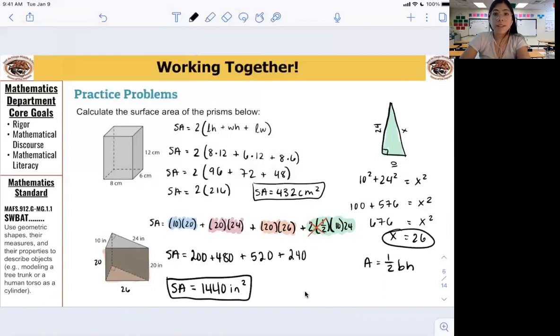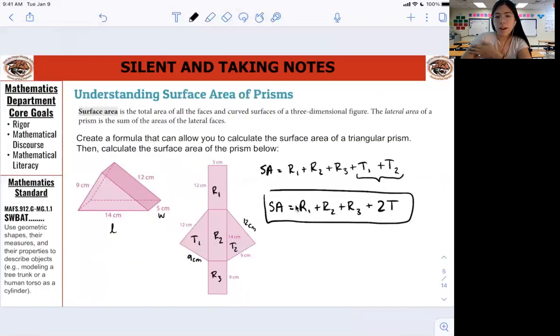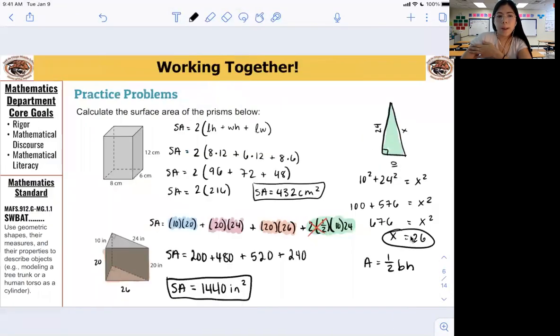That's the nice thing about surface area: you can memorize some of these formulas, but at the end of the day, the formulas are just telling you what you already know. They're telling you, add these things together and see what you get. The only thing with surface area is that it usually takes a much longer time because there are a lot of steps involved, so you have to be very careful.